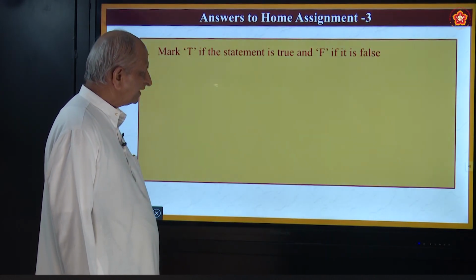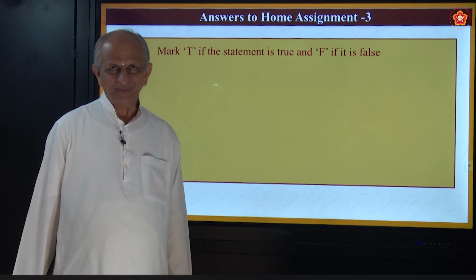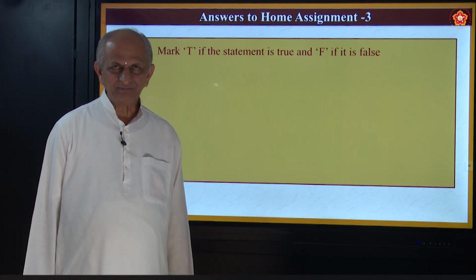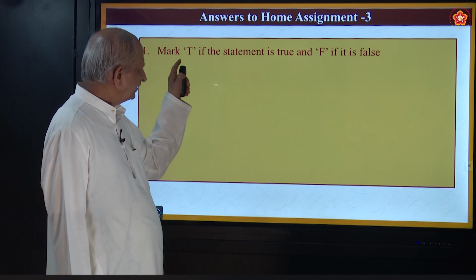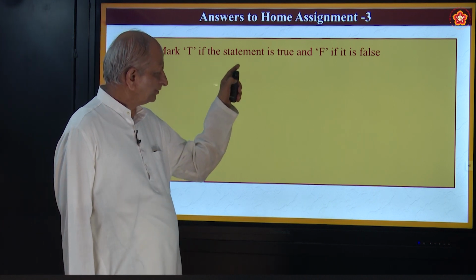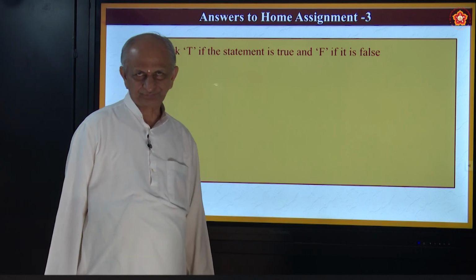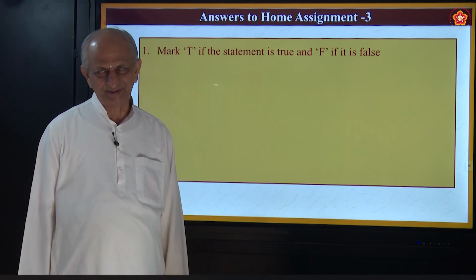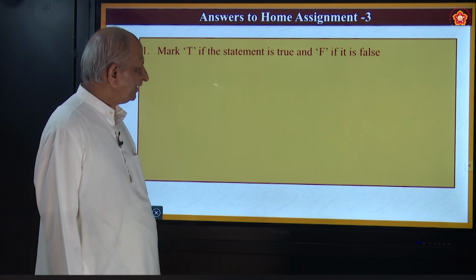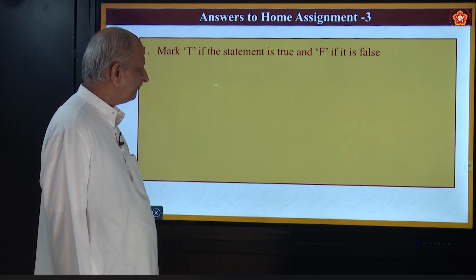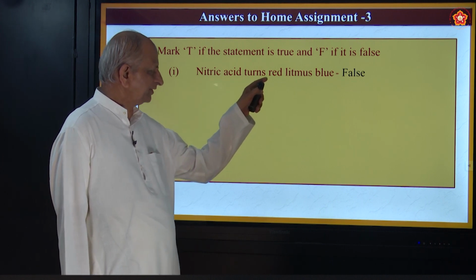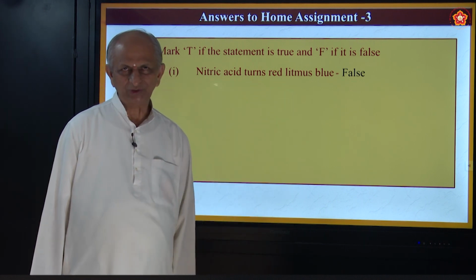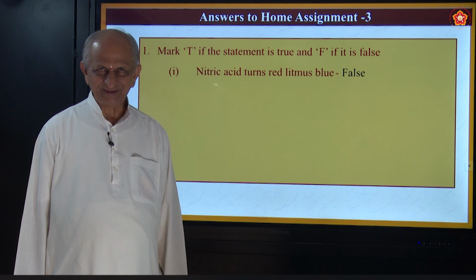Now, coming to home assignments, very simple questions. Have you tried it? Mark T if the statement is true, and if it is false, write F. Nitric acid turns red litmus blue. Is it correct?